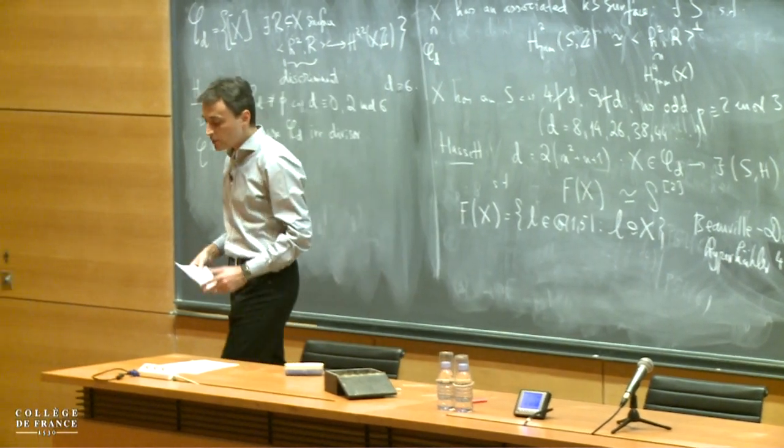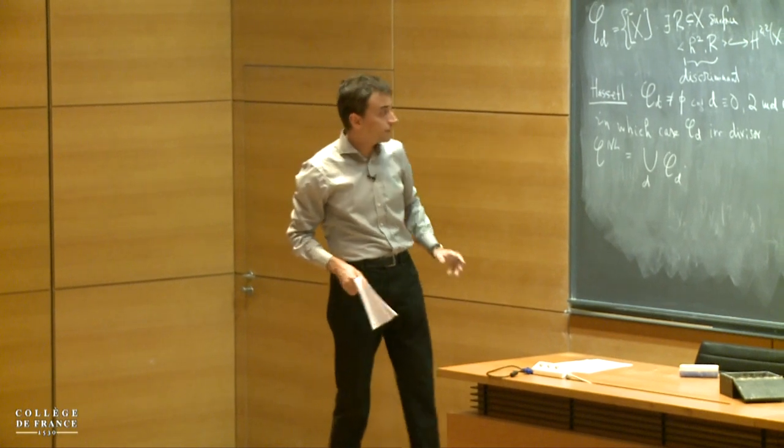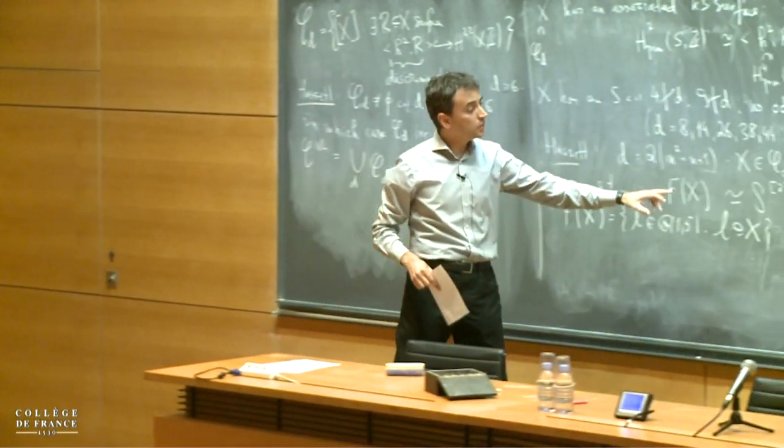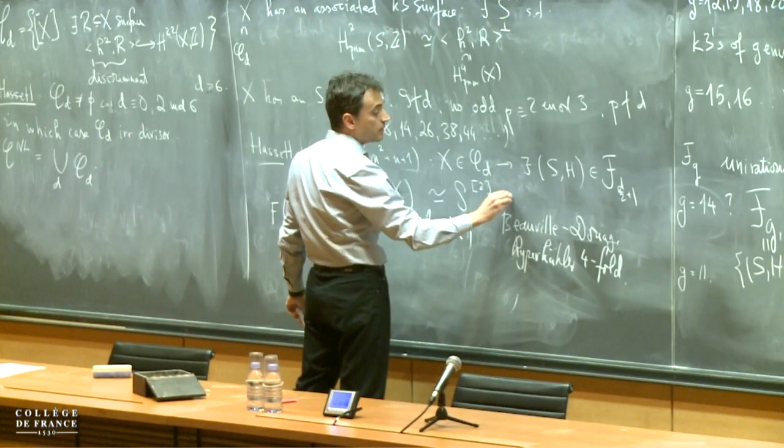So this fundamental object that you associate to a cubic fourfold, the Beauville-Donagi fourfold, is actually isomorphic to the Hilbert square of S, and this is embedded in G(2,6).